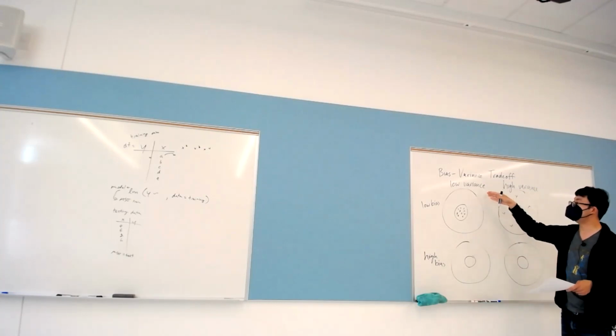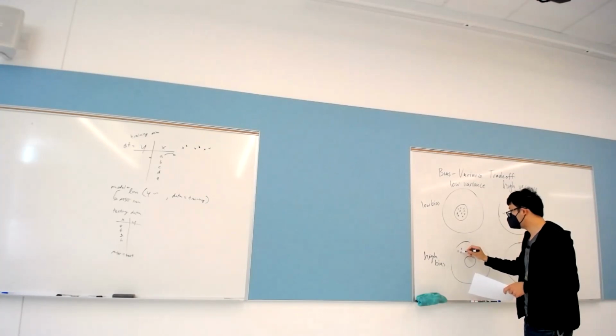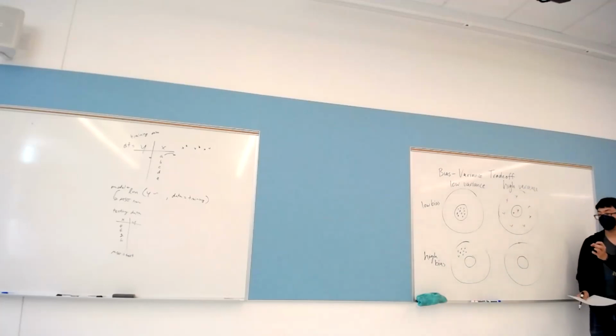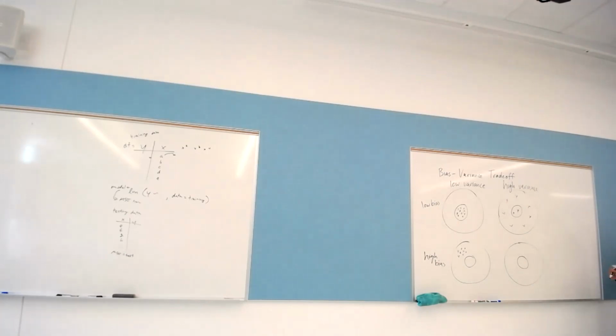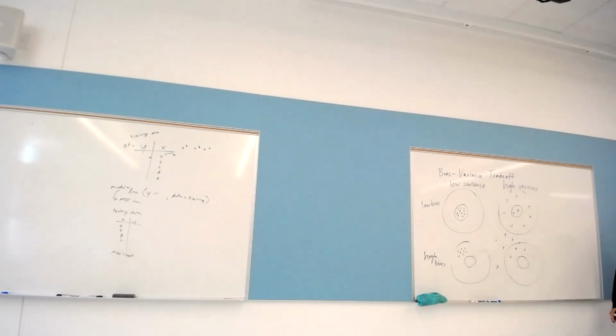You could have low variance but high bias. It looks something like this, right? You can cluster really closely, but you might be off from what you wanted. And then the worst is if you have both high variance and high bias. So you might see something like this. Your clustering isn't very good and you're off center.